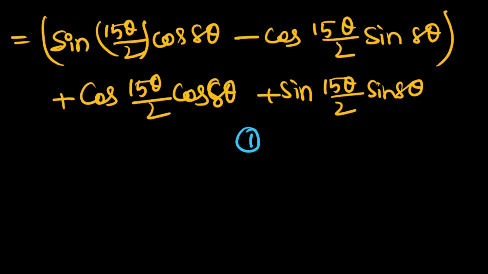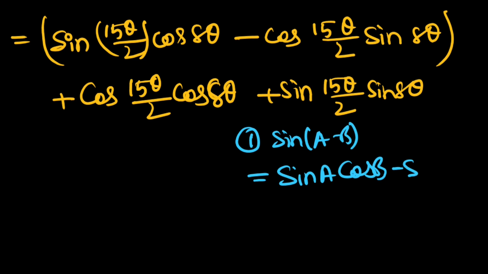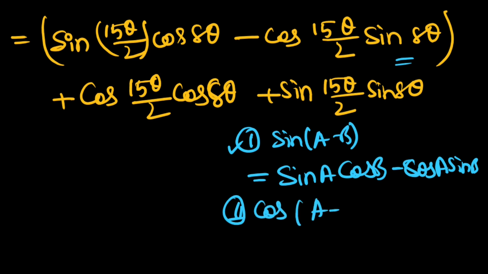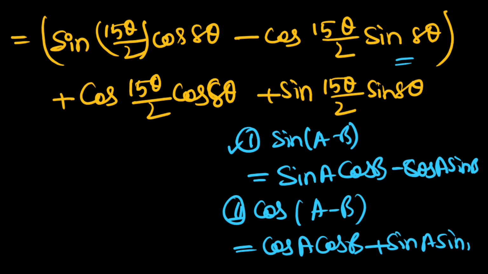The first one is the sine of a minus b formula, that is sine a cos b minus cos a sin b. We use this first one here. The second identity we use is cos of a minus b, that is cos a cos b plus sin a sin b.